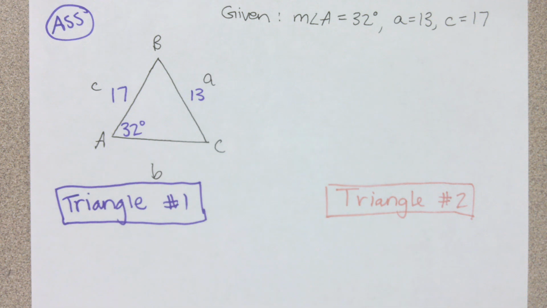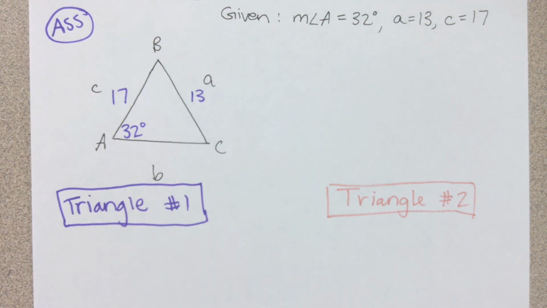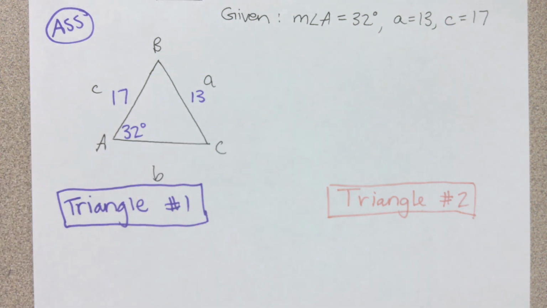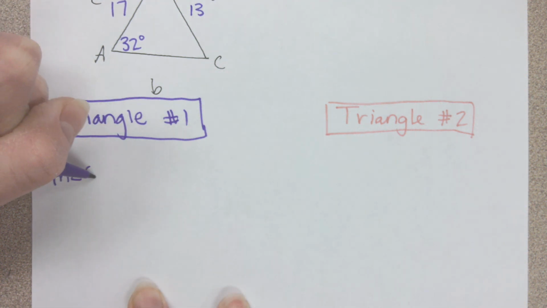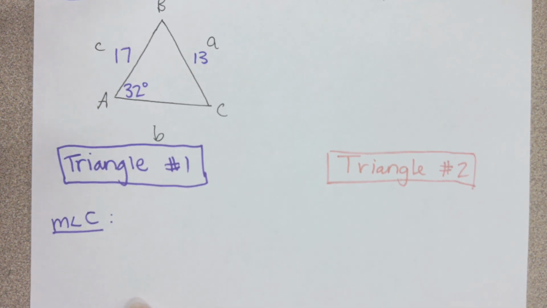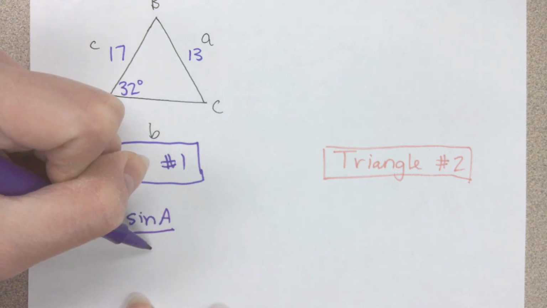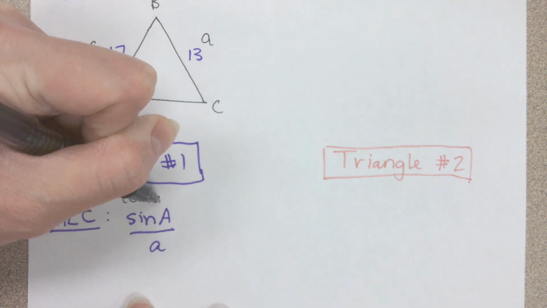So given this information, we have both A's and then we have one of the C's, so we can use law of sines to solve for the other C, angle C, so that's where we'll start. So finding angle C. Law of sines, we are given both A's, so I'm going to do the A's first, sine of A over A. And these are my givens.